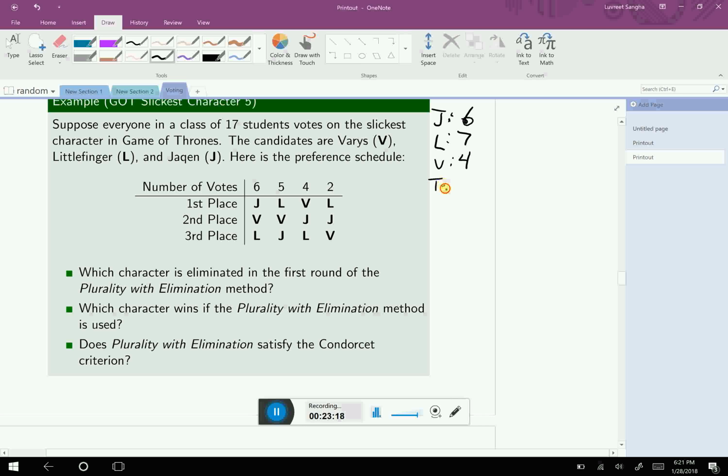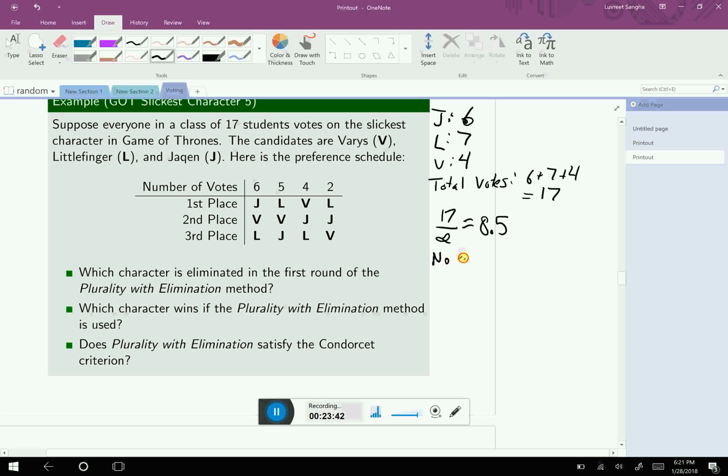The total number of votes is 6 plus 7 plus 4, which is 17. And 17 divided by 2 is 8.5, so a majority candidate would need over 8.5 votes.